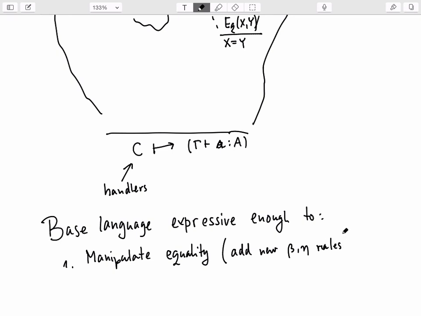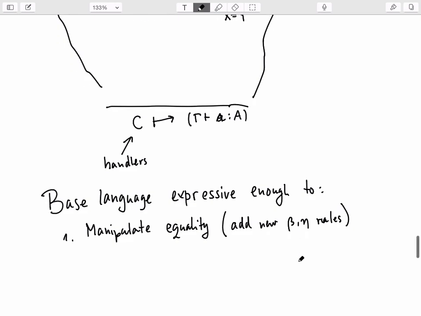So this is why I was mentioning at the beginning that this is going to look a lot like LF. It's really going to be a meta level, because it would let people experiment with new beta eta rules. I remember when we were first doing homotopy type theory, we would have been very, very, very happy if at that point there was a way to add new beta rules to Coq, or new beta rules to Agda.